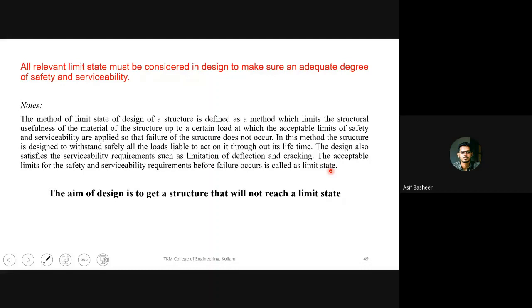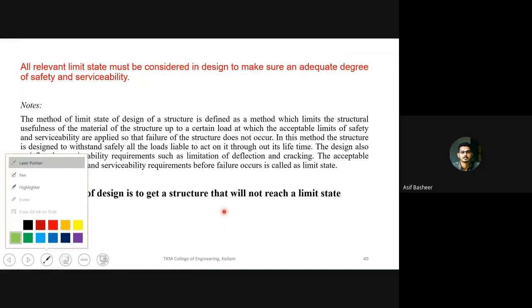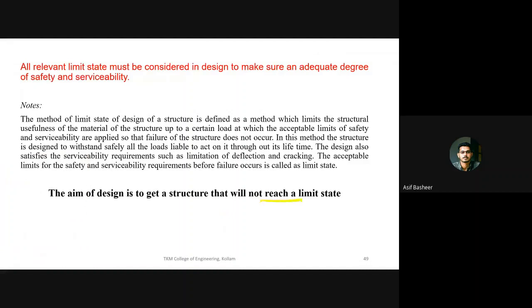The primary aim of a civil engineer is to design a structure which will never reach its limit state.